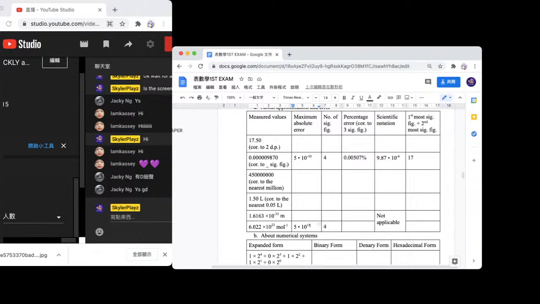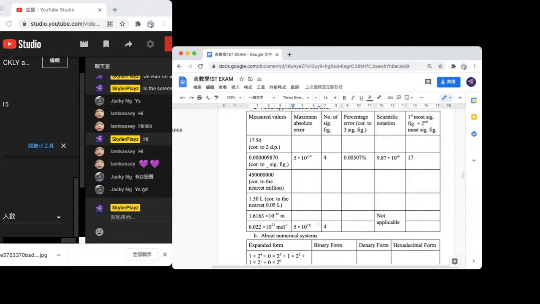Let me think. 0.5. 0.022 times 23 and divided by 5 to the 19th power. Five to the power of 19, and we use the calculator, divided by 6.022 to the power of 23.